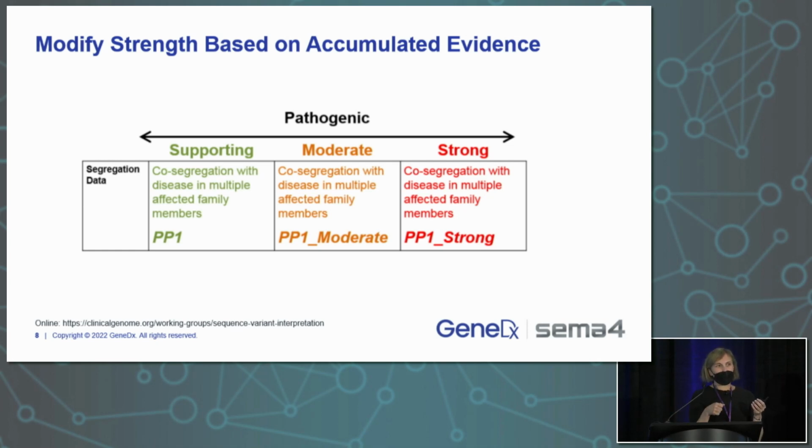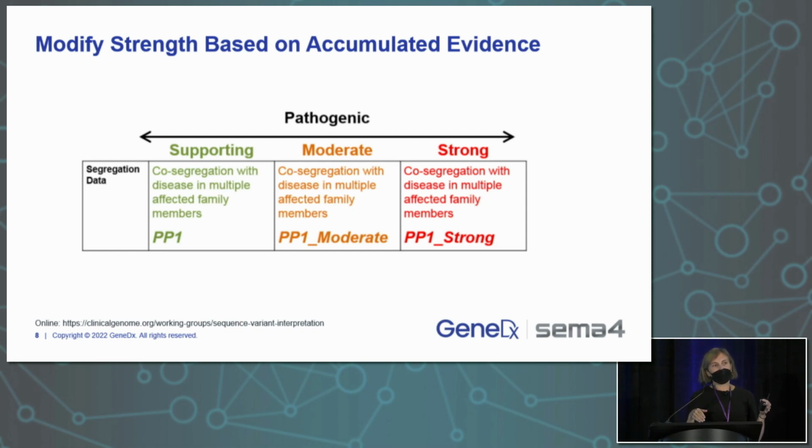So over time, sometimes classifications can change because we started with a limited amount of information in that first family, but as time went by and we saw that variant again in more families, we were able to accumulate more evidence. So that variant might have been considered a variant of uncertain significance at the time we saw it in the first family, but by the time we got to the third family, we've got strong evidence towards pathogenicity.